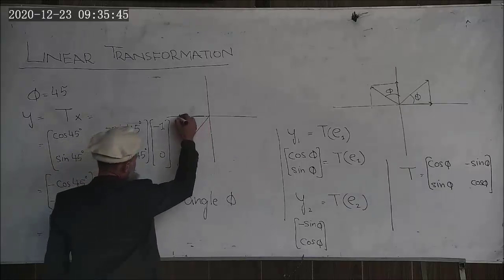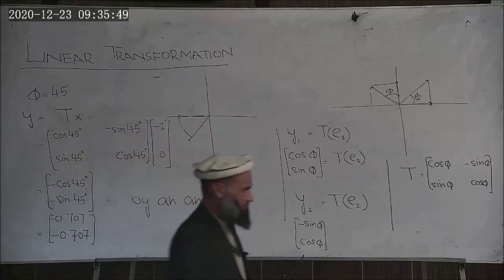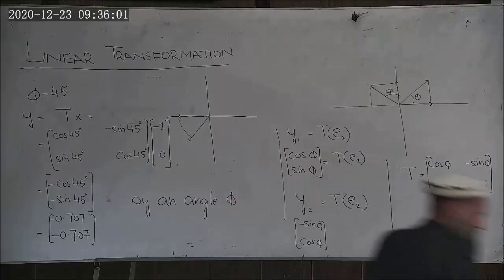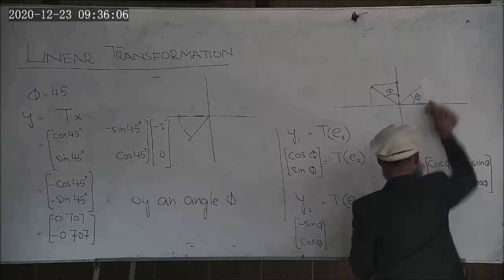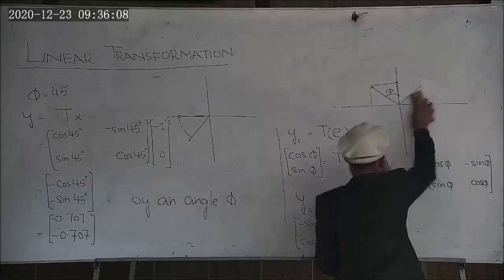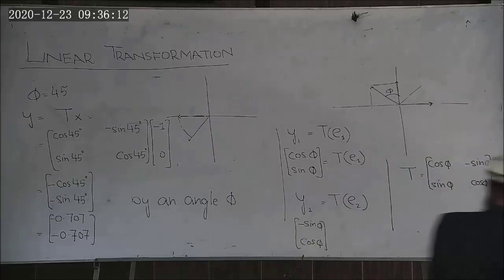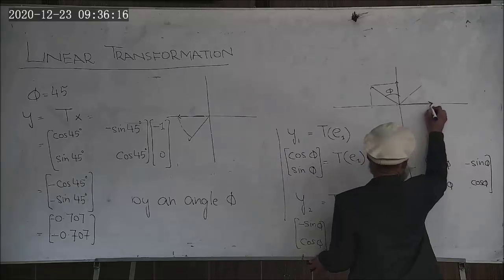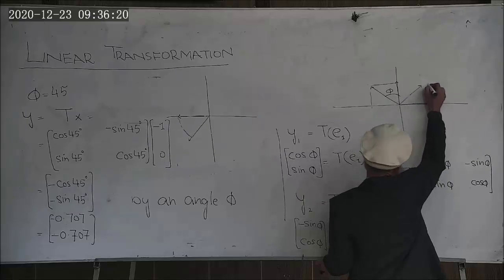So this vector has been rotated by that particular angle. There is a small mistake, please correct it. Here it only produces rotation, so the length must be the same. This is a good observation. And this vector has been rotated to this position, not to this one.